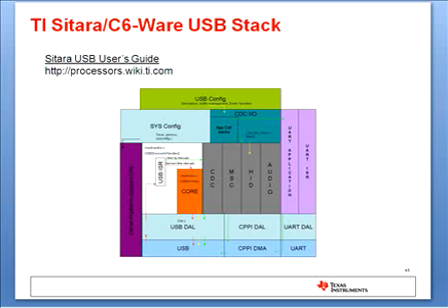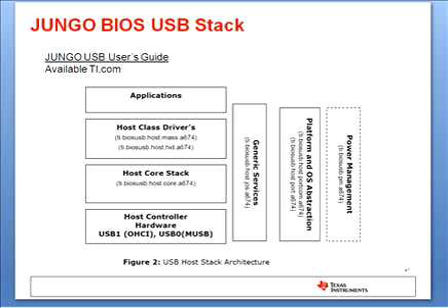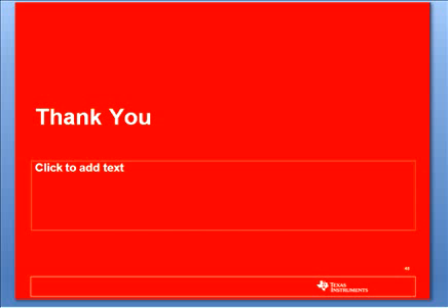For user guides for both SitaraWare and C6Ware, please visit processors.wiki.ti.com. DSP developers can take advantage of the USB BIOS stack, which is written by JUNGO. The JUNGO USB stack is available on OMAP-L1x C6-Integra devices, as well as C674x single-core DSP devices.